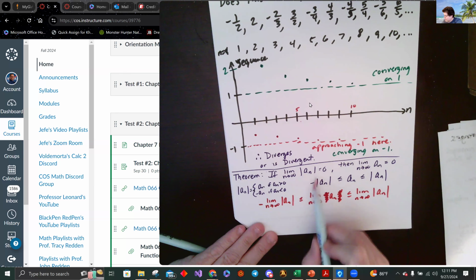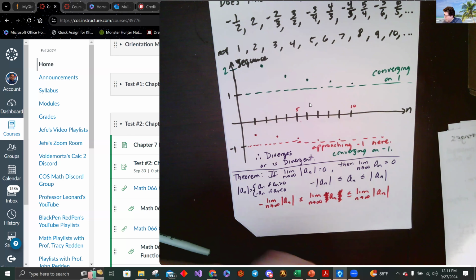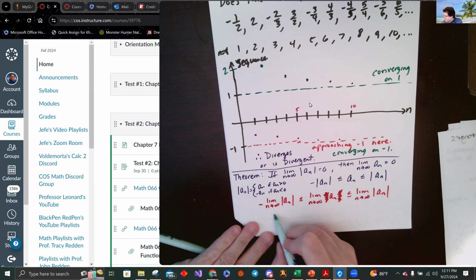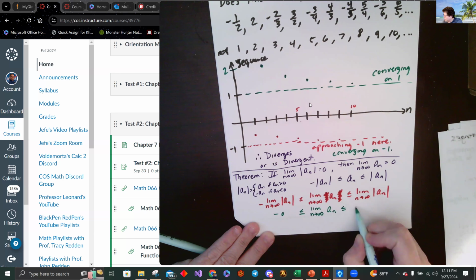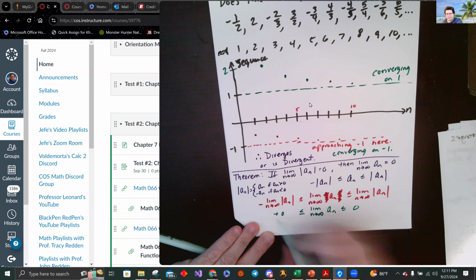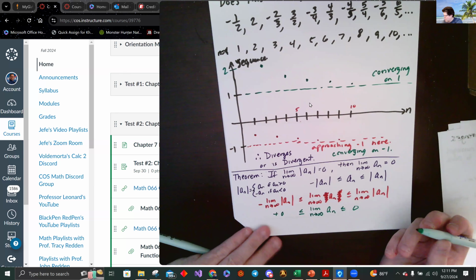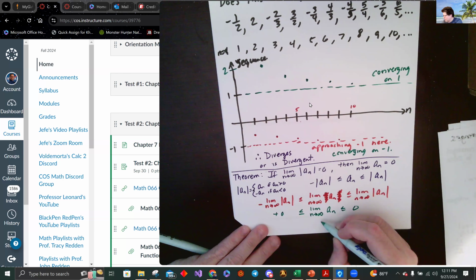Both of these are 0 from our assumption up above. And negative 0 doesn't really make sense, so positive 0. So this equals 0 by the squeeze theorem.